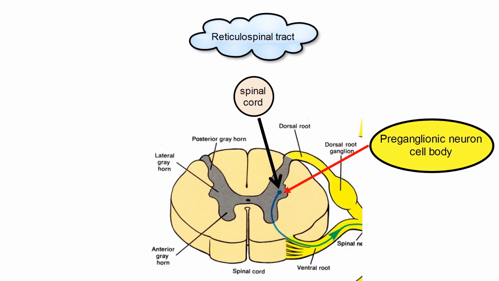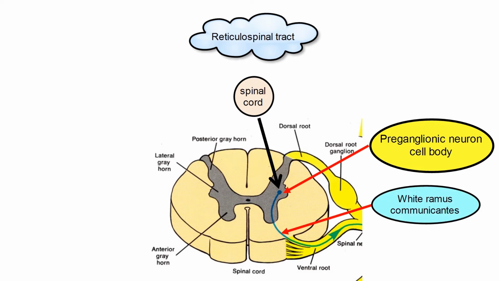Axons of these cells will travel ventrally along the ventral root of the spinal nerve, and because these are myelinated, these leaving axons are called white rami communicantes.